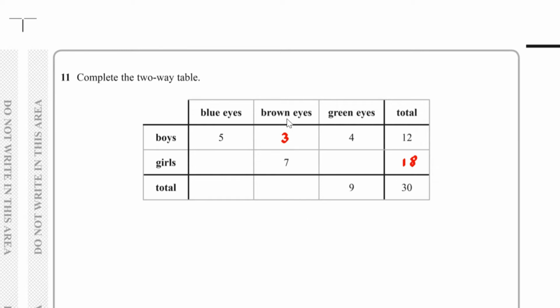The total number with brown eyes, 3 plus 7, that's 10. The number of girls with green eyes, well, 9 take away 4, that's 5. To find out the number of girls with blue eyes, 18 take away 5 take away 7 is 6. To find out the total number with blue eyes, 5 plus 6 is 11.